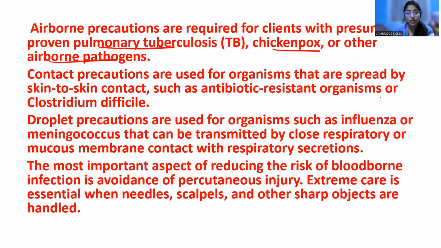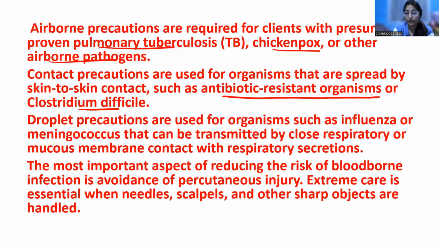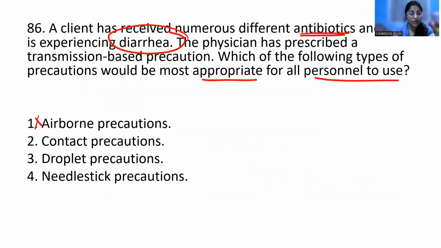Contact precautions are used for organisms that spread through skin-to-skin contact, like Clostridium difficile, as well as antibiotic-resistant organisms. So we can see here that due to various antibiotics, the patient has developed diarrhea, which means antibiotic resistance has developed. So for these patients, it's very important to use contact precautions. So contact precaution is the correct option.